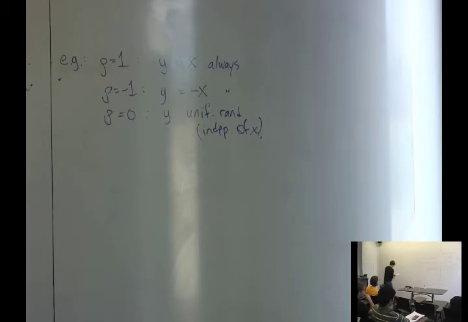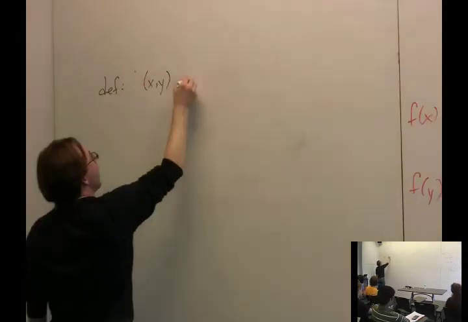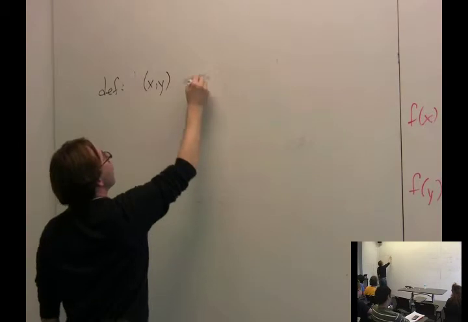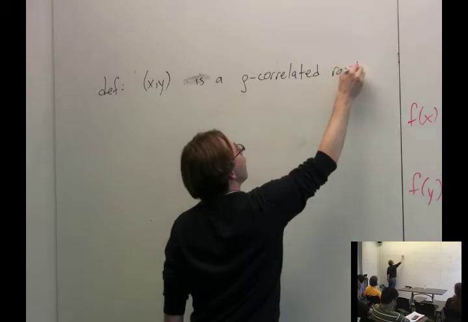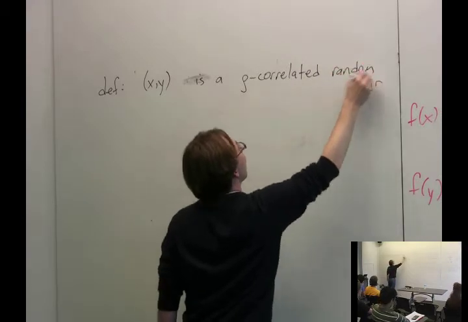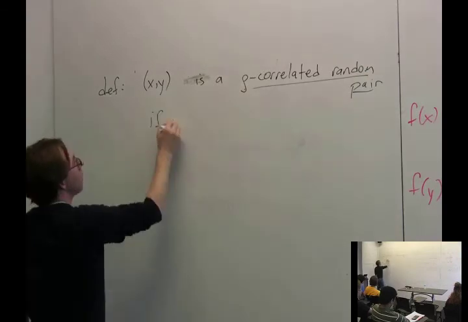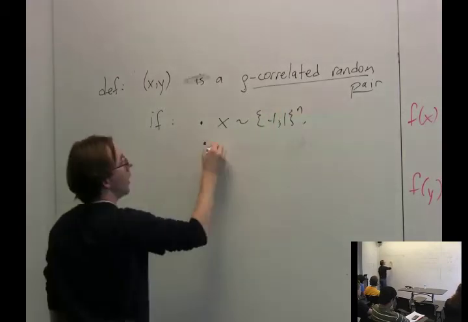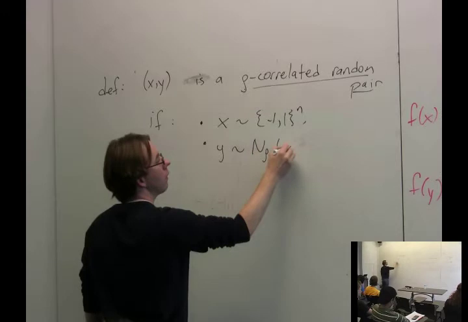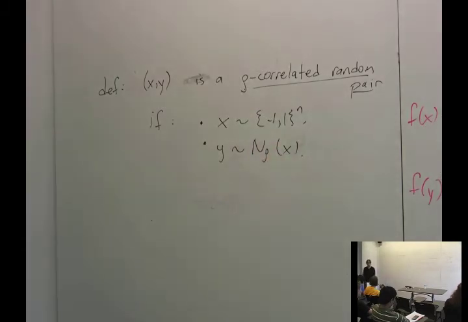And in fact, we'll say that a pair of strings x, y is a rho-correlated random pair if it's generated like this. So x is uniformly random, and then y is drawn from this rho-noisy distribution. Now, actually, the way I've written it here, it looks asymmetric. First you draw x, and then y is a noisy copy of x.